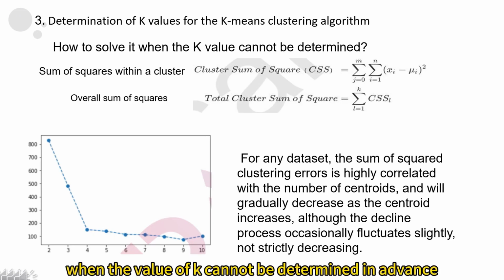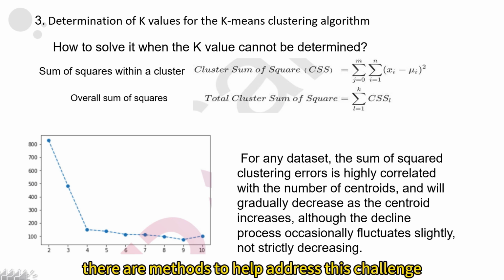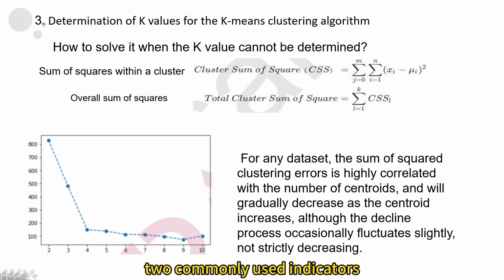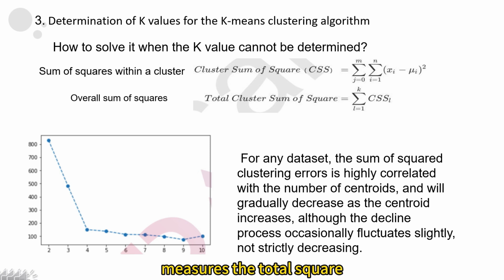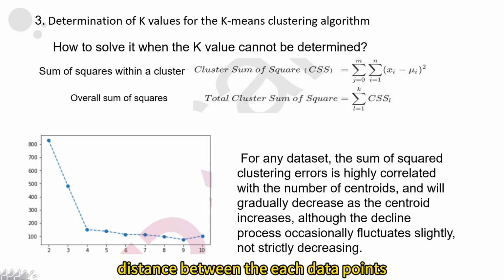When the value of k cannot be determined in advance, there are methods to help address this challenge. Two commonly used indicators are the sum of squares within a cluster and the overall sum of squares. Here's how they can be utilized. The sum of squares within the cluster indicator measures the total squared distance between each data point and its corresponding cluster center.